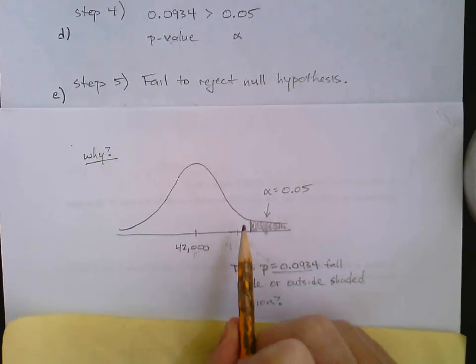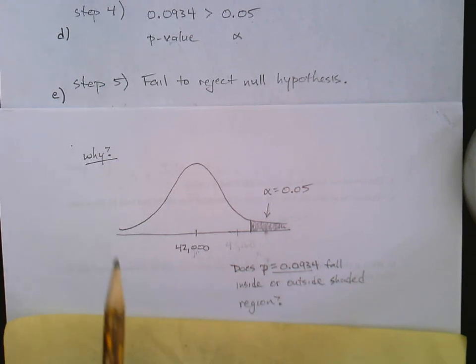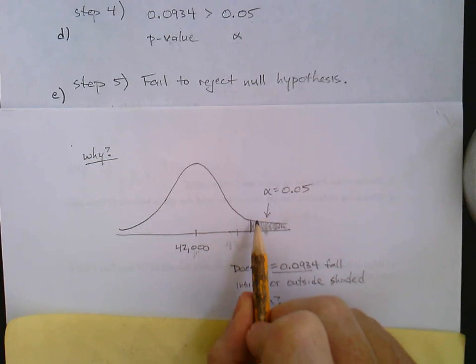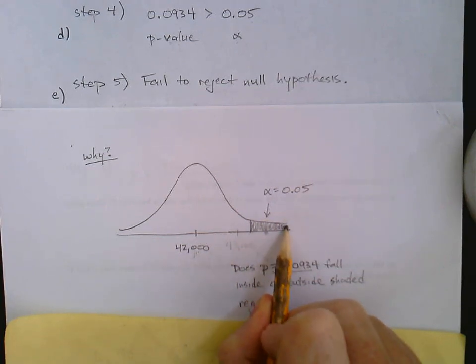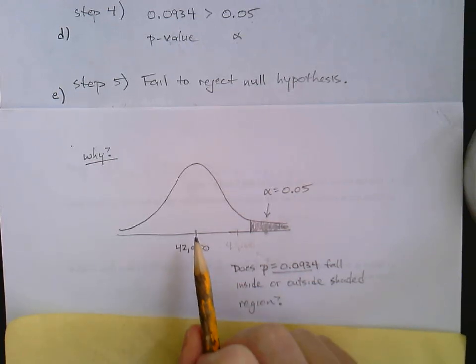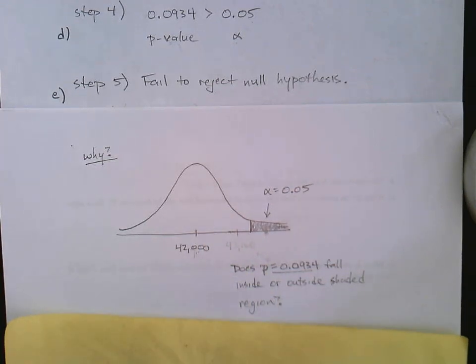All right, because we're asking if Carl's Jr. managers make more than this, we put that 0.05 at the top of the curve. Okay, so we're asking, is there enough evidence that Carl's Jr. managers make more than 42,000?